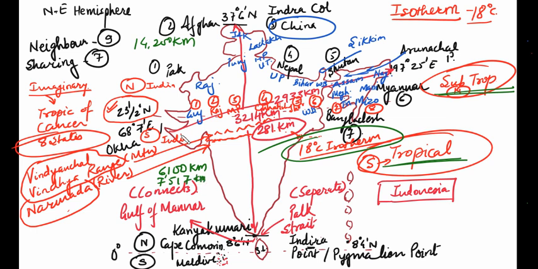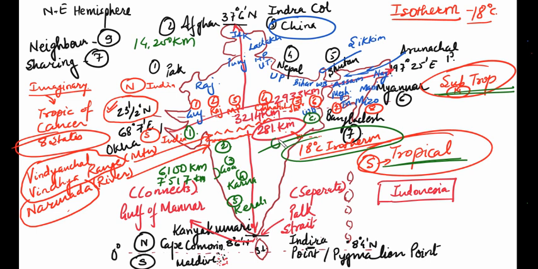And India's following states have coastline. Number 1, Gujarat, here. Number 2, Maharashtra. Number 3, Goa. Number 4, Karnataka. Number 5, Kerala. So these are the 5 states on the western side which have coastline. Then Kolkata, West Bengal, here.